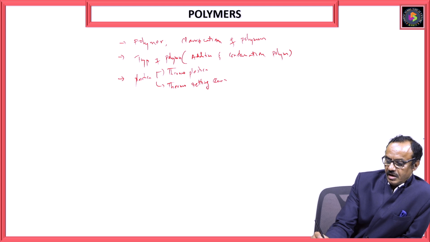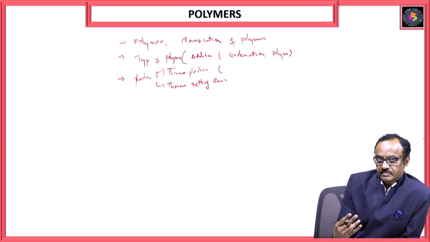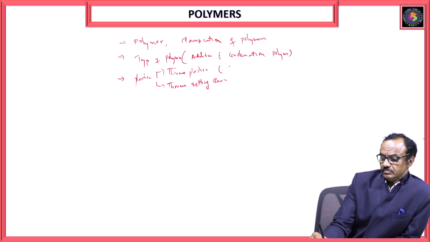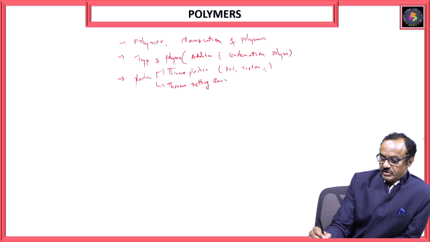Under these thermoplastics, we are going to discuss preparation, properties and uses of PVC, Teflon, nylon 66, and under the thermosetting resins, bakelite.